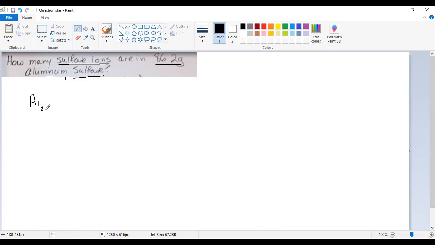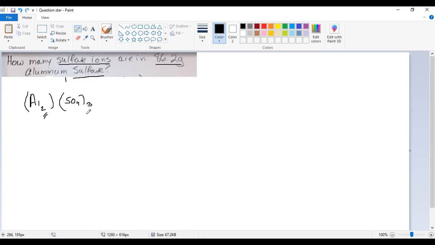So we had Al2, 2 aluminum atoms, and we had sulfate, which was SO4, and in total you have 3 of them, 3 ions of SO4. You need 3 of them in order to balance out the net charge.